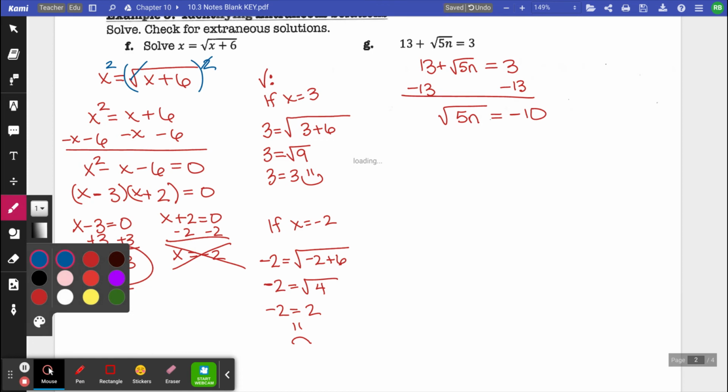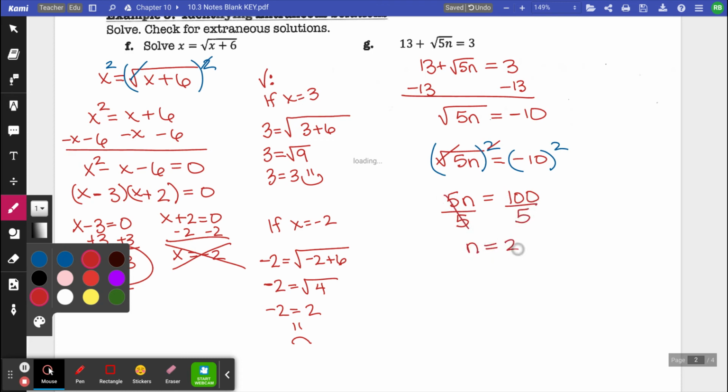To get rid of the square root, let's square it. And you'll understand why in a second. Square root of 5n equals negative 10, and let's square both sides. And this cancels, so we have 5n is equal to negative 10 times negative 10, which is 100. When we divide by 5, n is going to equal 20.